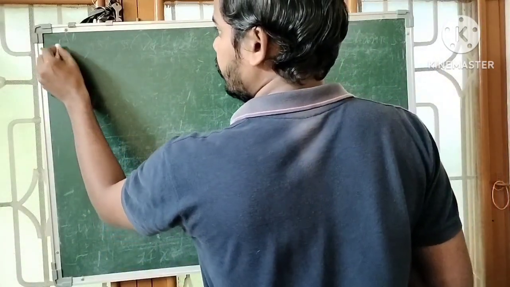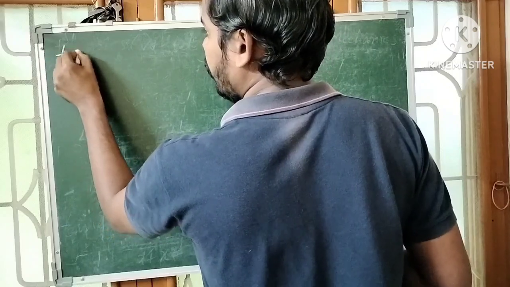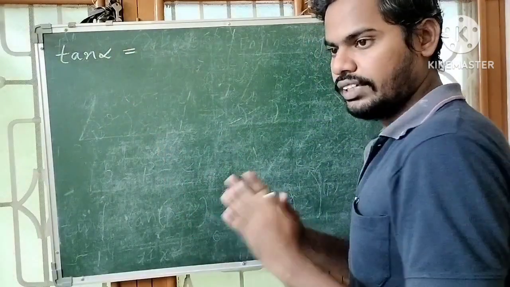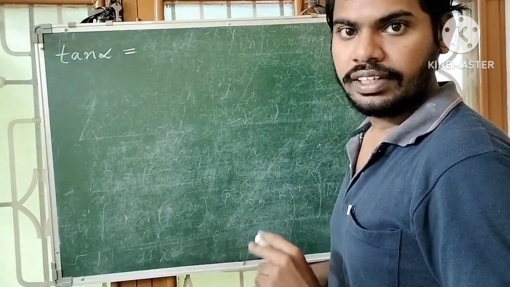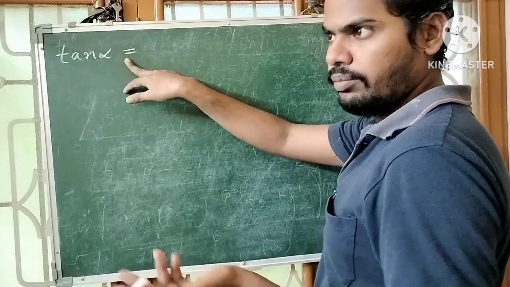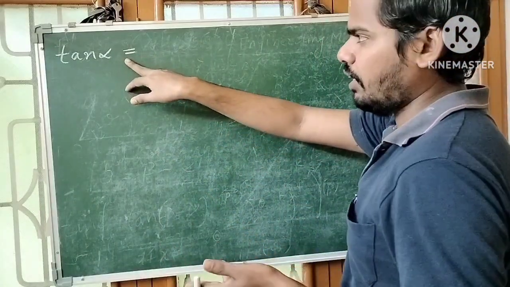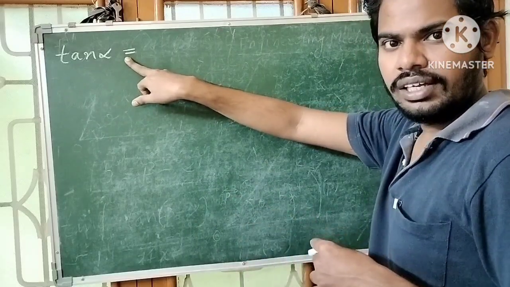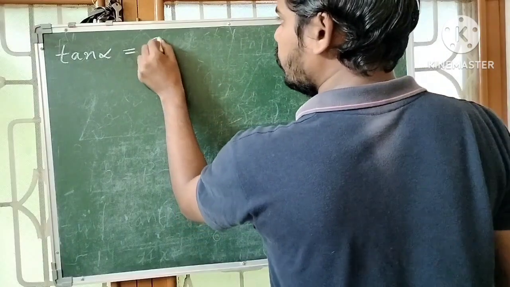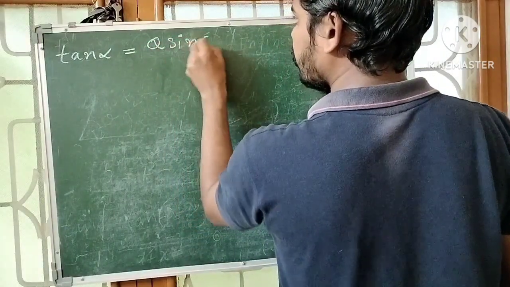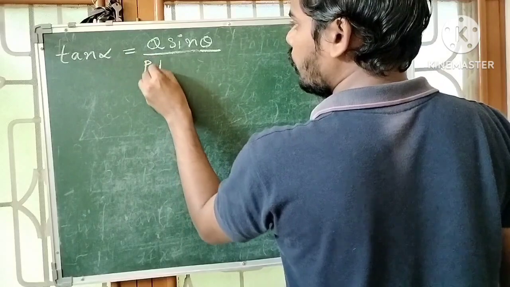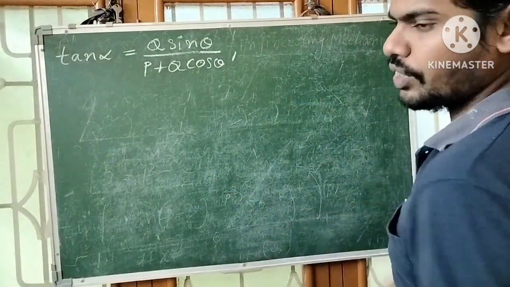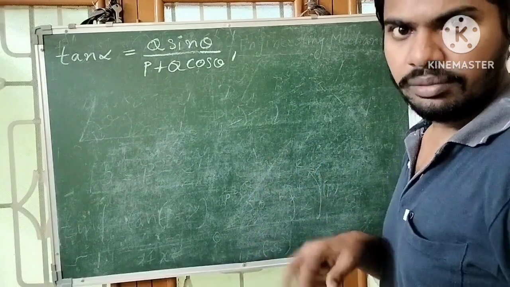So in case 1, tan alpha. So case 1 means before interchanging the positions of vectors P bar and Q bar. So from parallelogram law of forces, tan alpha, here tan alpha means angle made by resultant with vector p bar. So tan alpha is equal to q sin theta by p plus q cos theta. Similarly, after interchanging the positions of p bar and q bar, so nothing but case 2.